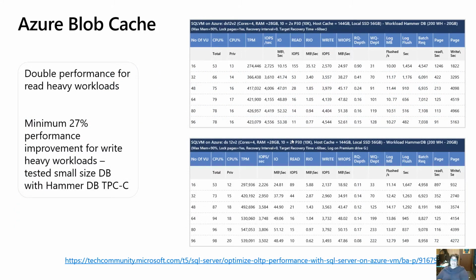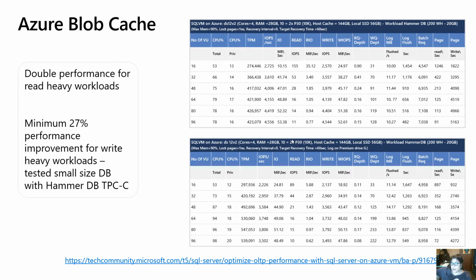So Azure Blob Cache is read-only caching available on the premium SSDs. And this is what allows you to really get to the level of IOPS and throughput that SQL Server workloads demand. As I said, we generally have a higher demand for storage than other workloads, and we usually don't need as much CPU performance as we do IOPS and memory. So Azure Blob Cache is your key to getting the level of storage performance that you need.